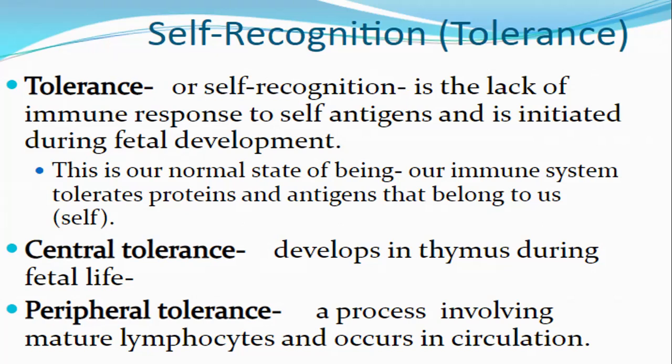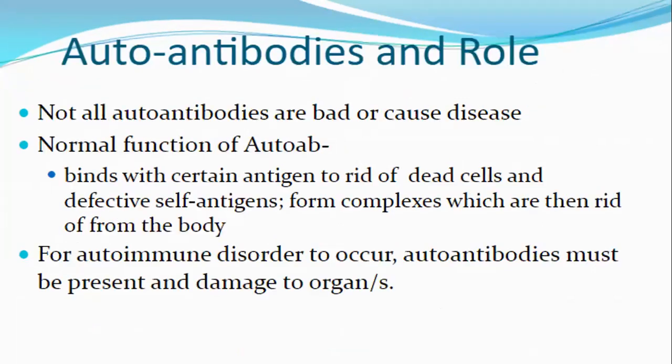This is the tolerance that you develop all throughout, as you age day by day, as your lymphocytes or immune cells are constantly exposed to different types of antigens. They learn an immune response such that they know which ones are yours, self-antigens, versus non-self antigens. We call that peripheral tolerance.